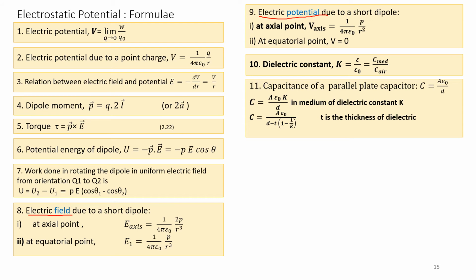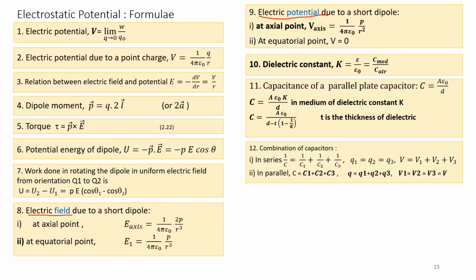With a dielectric medium, C is equal to A epsilon naught K by d, and in terms of thickness, it is A epsilon naught by (d minus t into (1 minus 1 by K)), where t is the thickness of the dielectric medium.